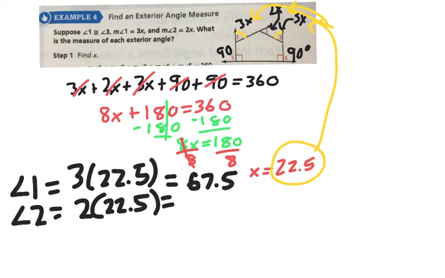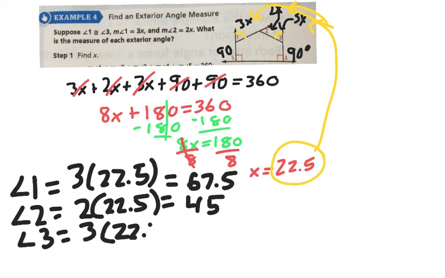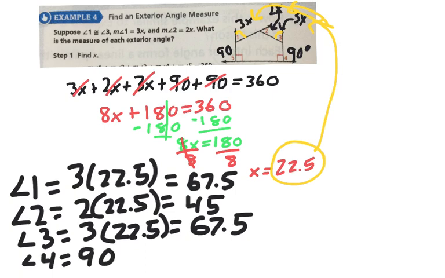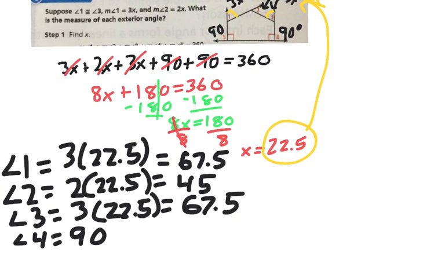So that means angle 2 is 45. Angle 3 is 3 times 22.5, so it's 67.5. Angle 4 is 90. And angle 5 is 90. So I've now found the measure of each exterior angle.